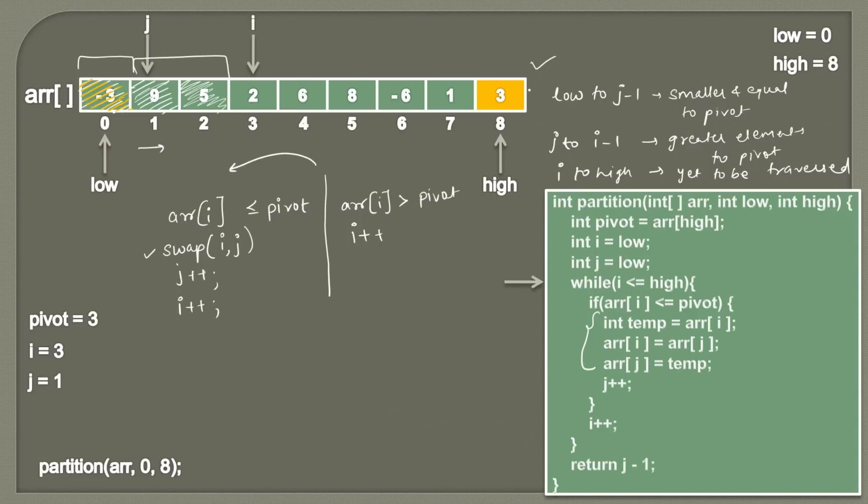From i to high, the elements are yet to be traversed. Currently i is less than or equal to high, so this condition comes out to be true. 2 is less than or equal to pivot, so this condition is true. So now here you can see, we know that 2 should lie somewhere in the starting range, and j keeps the track of the smaller elements from low to j minus 1.